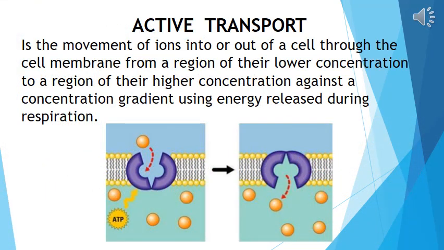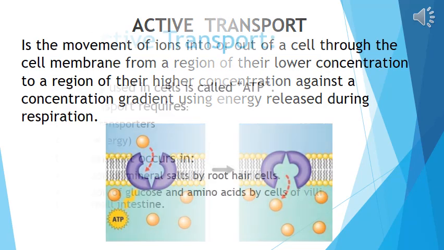Let's understand the definition of active transport. It is the movement of ions into or out of a cell through the cell membrane from a region of their lower concentration to a region of their higher concentration against a concentration gradient using energy released during respiration.